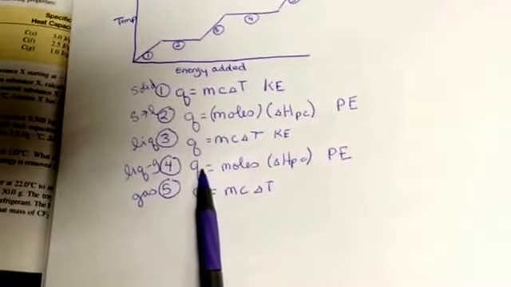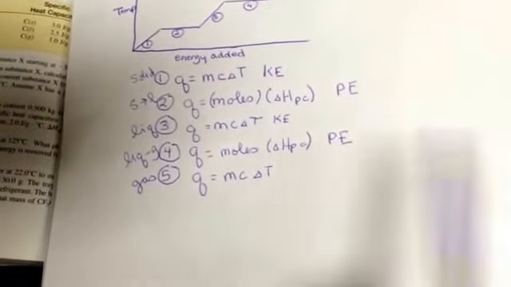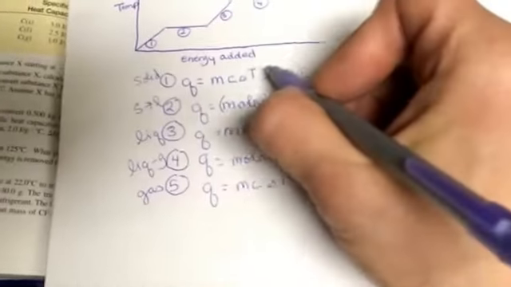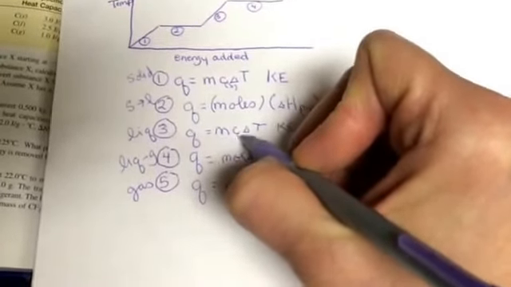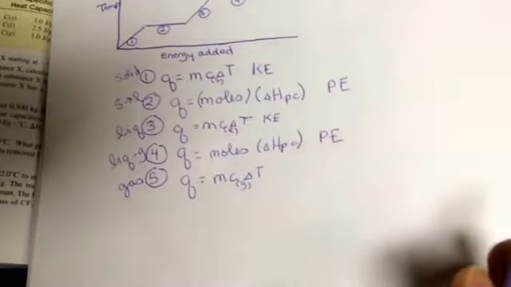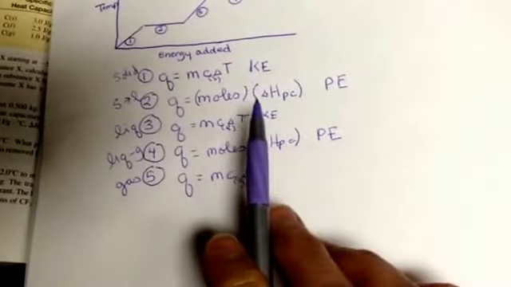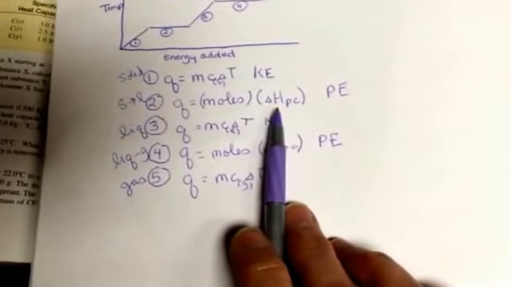Now it might look like I'm using the same exact equation and the same exact variables in 1, 3, and 5, and likewise in 2 and 4, but I'm not. Here, you're going to use the specific heat of the solid. Here it's going to be of the liquid, and here it's going to be of the gas. You might think you use the same ΔH, but you don't.